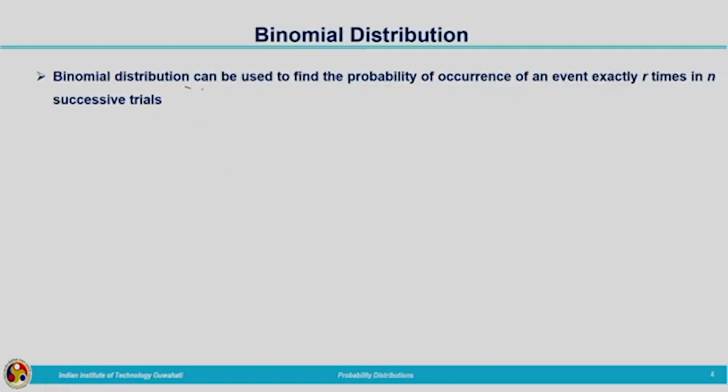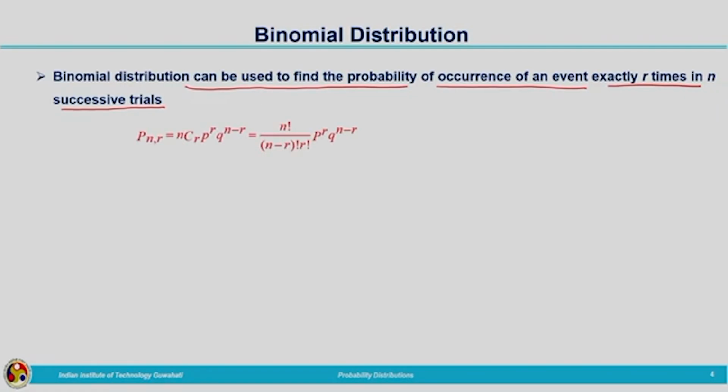Binomial distribution can be used to find the probability of occurrence of an event exactly r times in n successive trials. N times the experiment is conducted. In that, we are expecting the probability of occurrence of an event exactly r times.